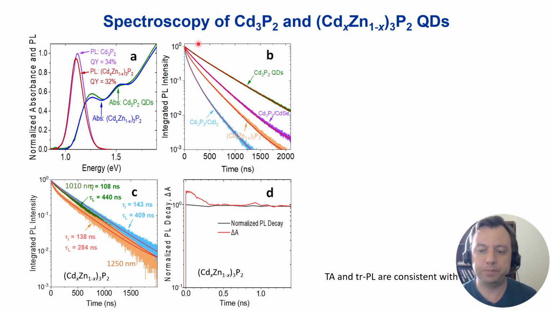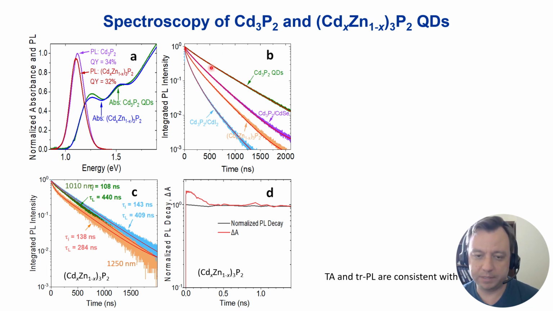Time-resolved spectroscopy is very informative of the emission channel, because we see that, for example, cadmium phosphide and cadmium zinc phosphide can have very similar spectral features in absorption and emission spectra, but can be quite different in time-resolved luminescence. Pure cadmium phosphide is a slow emitter, whereas band edge radiative recombination time is characteristic of a semiconductor.